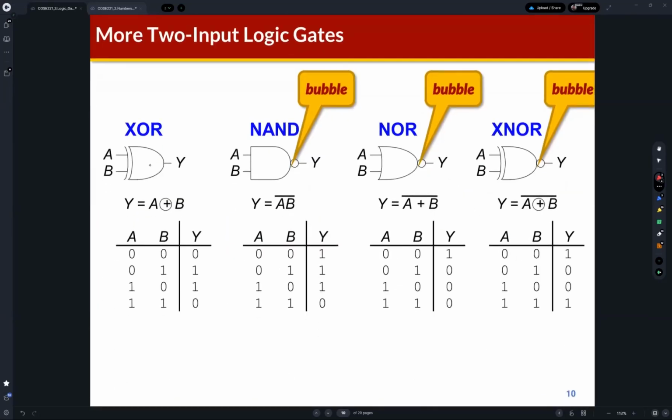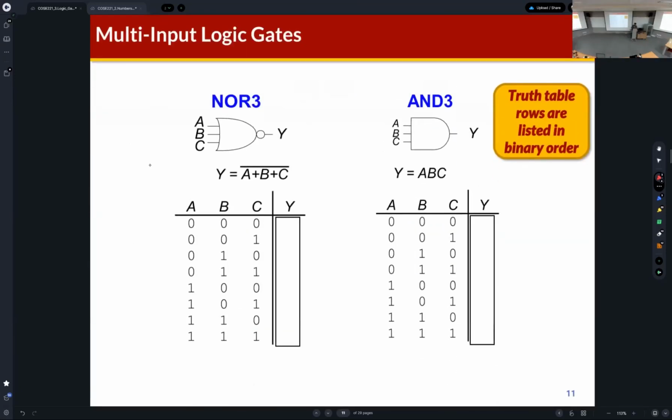Okay? Like we can find the bubble here, which means it's NOT. So we can also consider multi-input logic gates, like the NOR3. How can we define the output of NOR3?